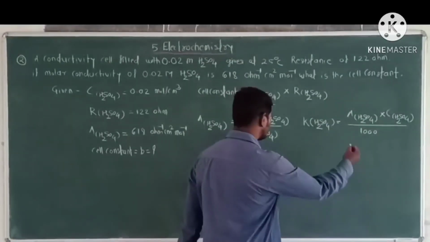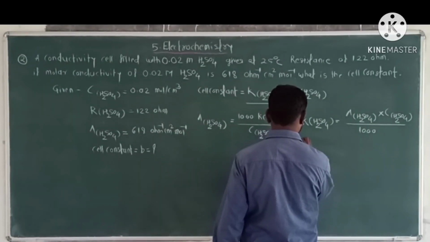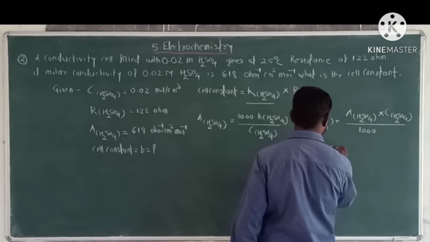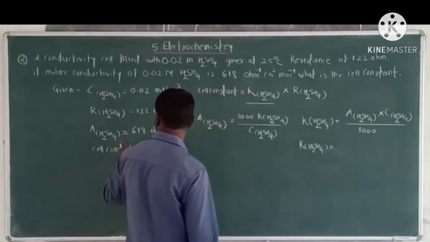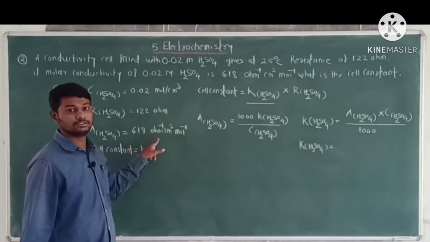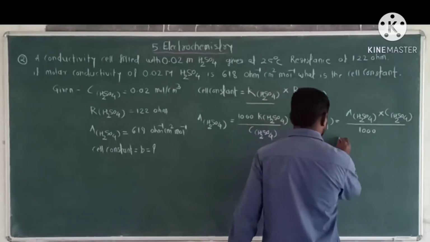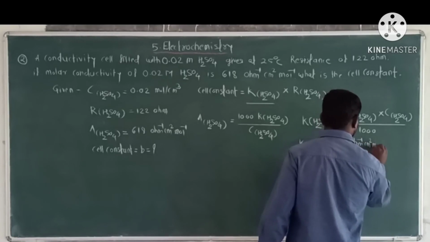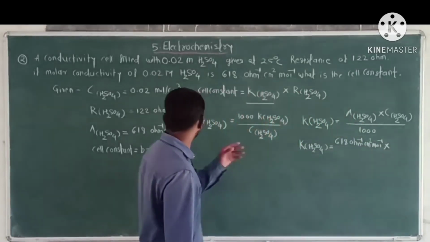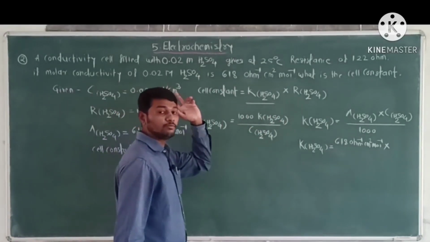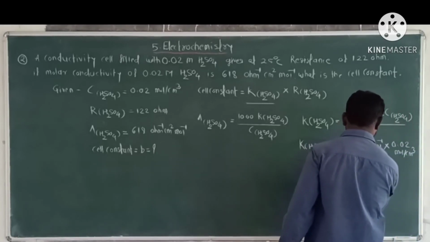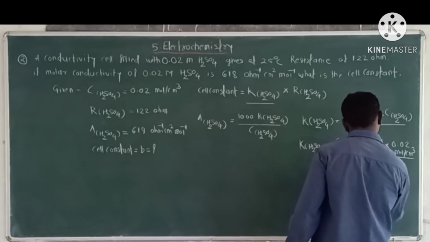We get the answer: conductivity of sulfuric acid is equal to lambda of sulfuric acid, the molar conductivity of sulfuric acid, 618 per ohm centimeter square per mole, into concentration of sulfuric acid 0.02 mole per centimeter cube, divided by 1000.